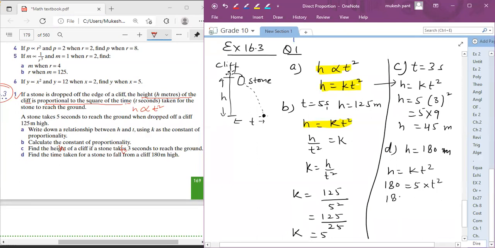So 180 over 5 should be t square. And you divide this one. This is how much? 5 3s are, and then 36 are. 36, no? Yes. So t equals square root 36 means 6. So it will take 6 seconds.